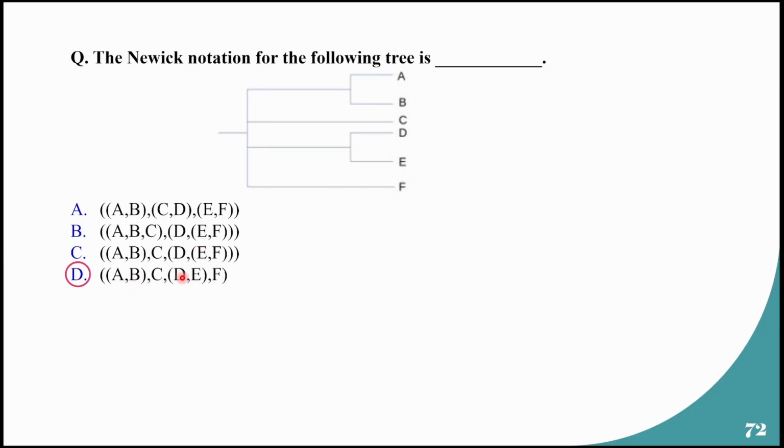So you have A, B, C, D as well as E, because they are all connecting together here, right? So in this way, just by putting brackets between the taxa and the composites that are connected by nodes, you can convert the Newick notation to a phylogenetic tree or vice versa.